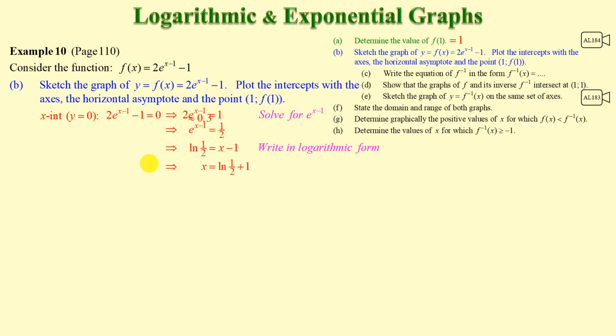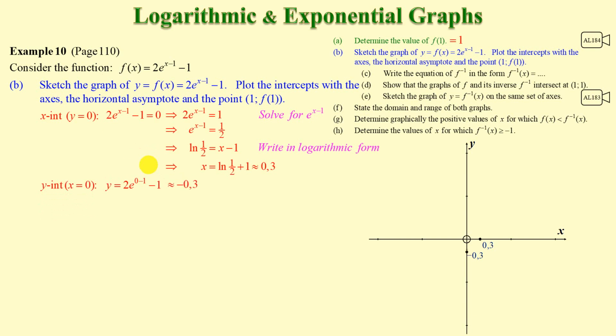Using a calculator, we get approximately 0.3. For the y-intercept, x is 0, and we substitute 0 for x now. And we end up with approximately negative 0.3.